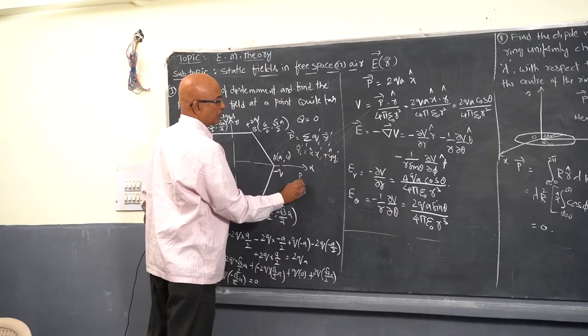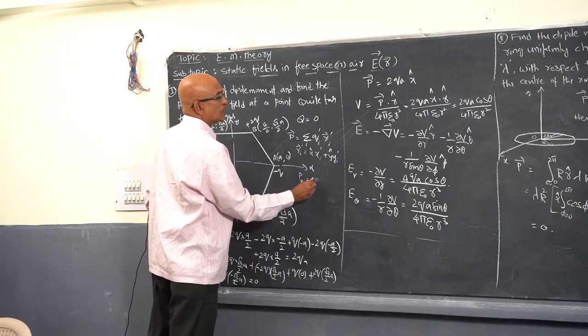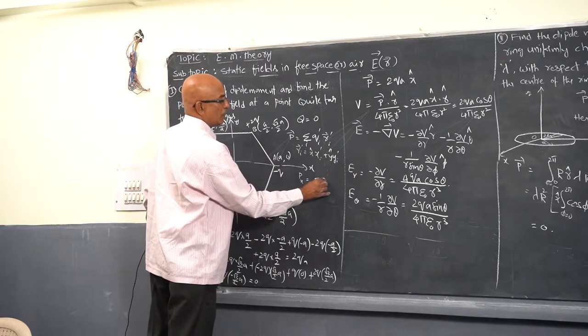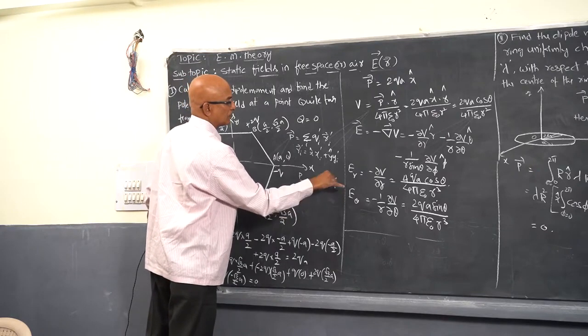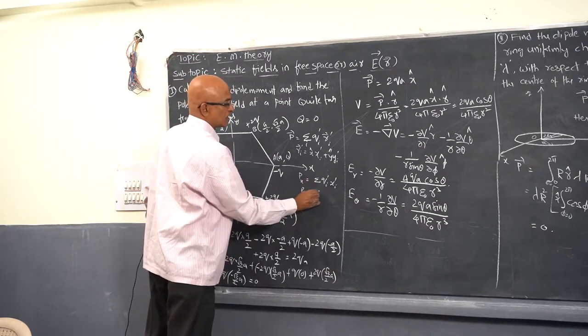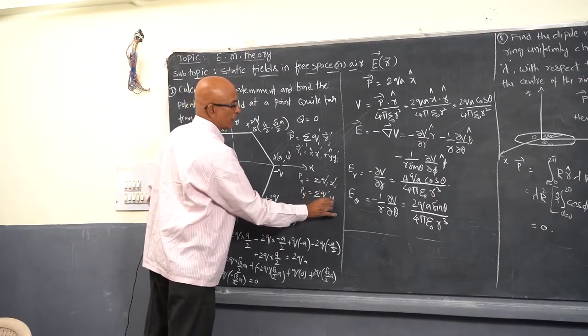Therefore, you will get only Px, that is sigma Qi into xi, and Py, sigma Qi into yi.